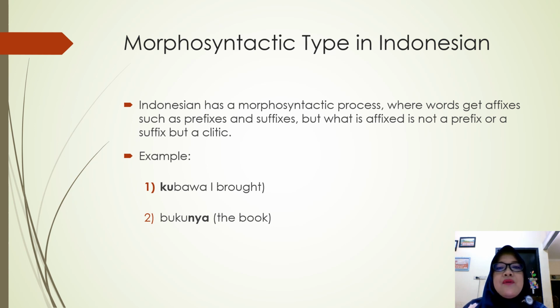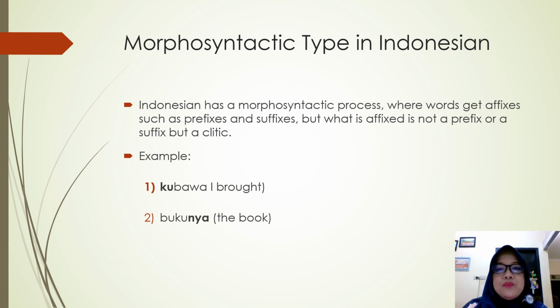Clitics are forms that are phonologically bound but have word status because they can fill gatra at the phrase or clause level. In Indonesian, clitic is divided into two, namely proclitic and enclitic. If you see these examples, example 1, ku bawa, and example 2, bukunya.